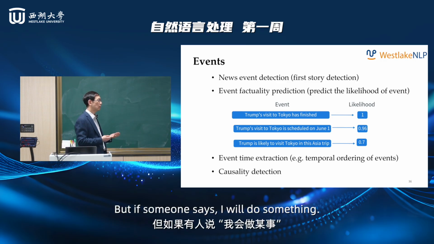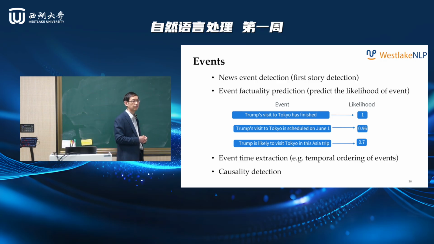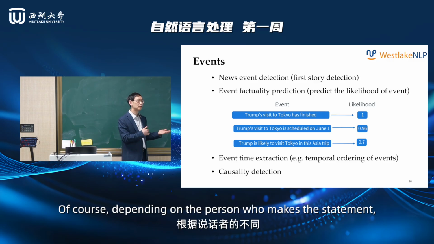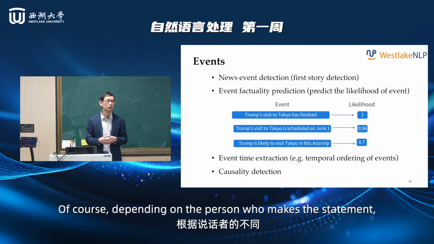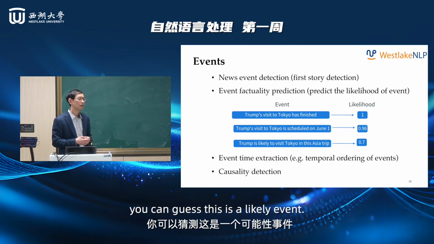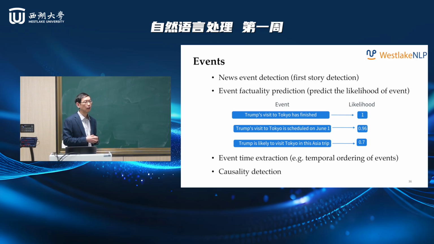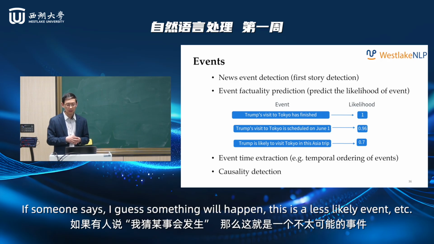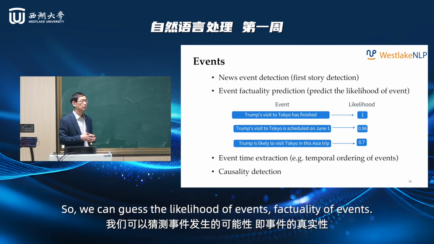But if someone says, I will do something, okay, of course, depending on the person who makes the statement, you can guess this is a likely event, right? If someone says, okay, I guess something will happen, then this is a less likely event, etc. So we can guess the likelihood of events, factuality of events.